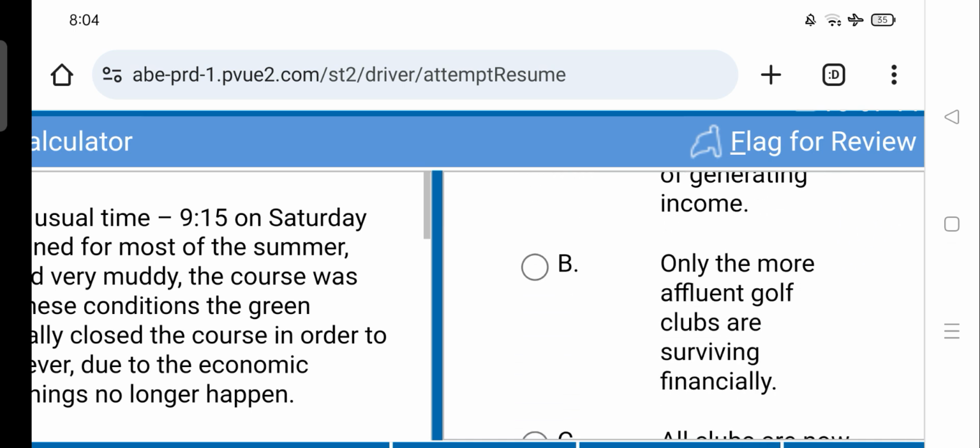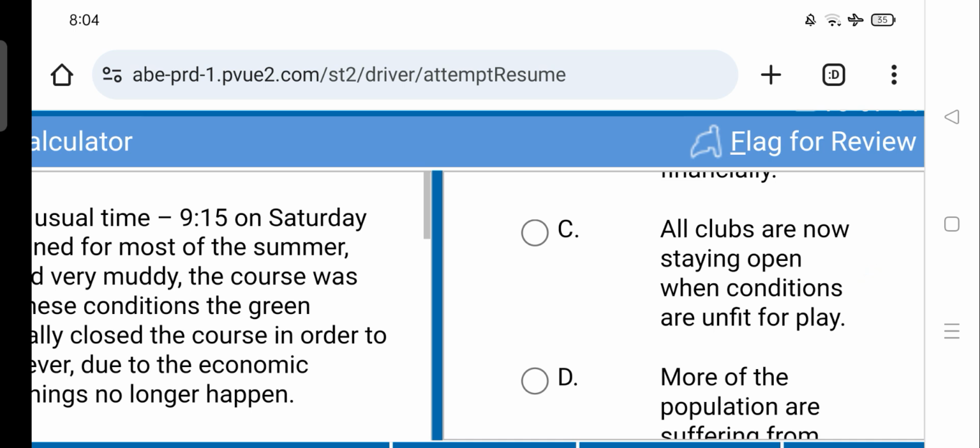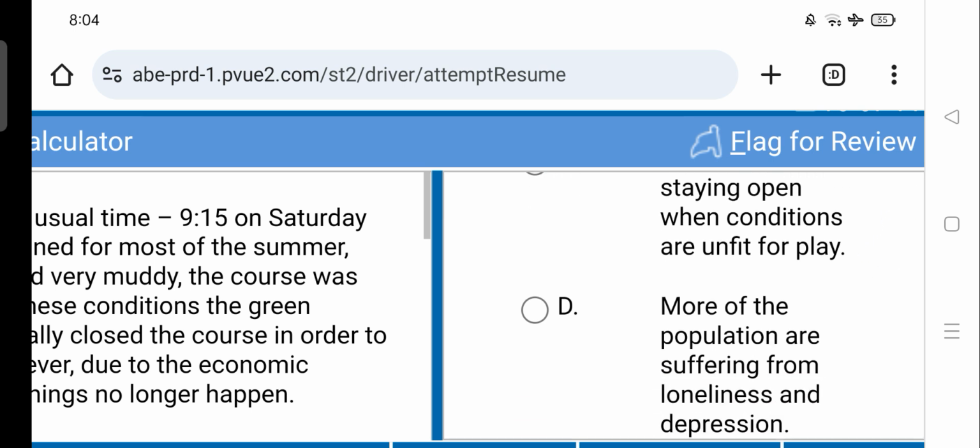Option B. Only the more affluent golf clubs are surviving financially. Option C. All clubs are now staying open when conditions are unfit for play. Option D. More of the population are suffering from loneliness and depression.